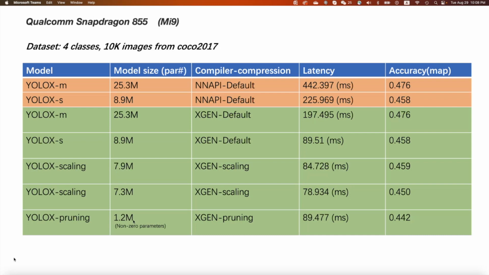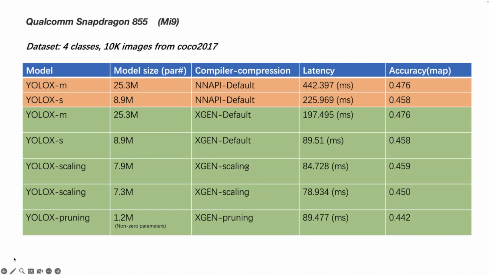This pruning is sparse, so it can still maintain comparable speed to YOLOX-S. So that's what XGen can produce for YOLOX on our end.